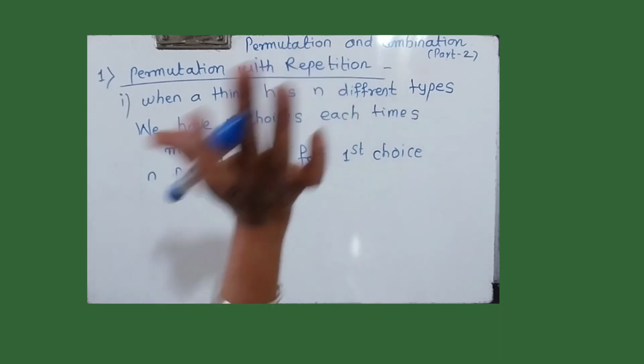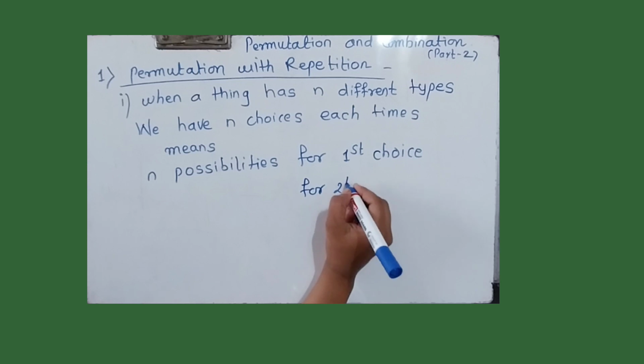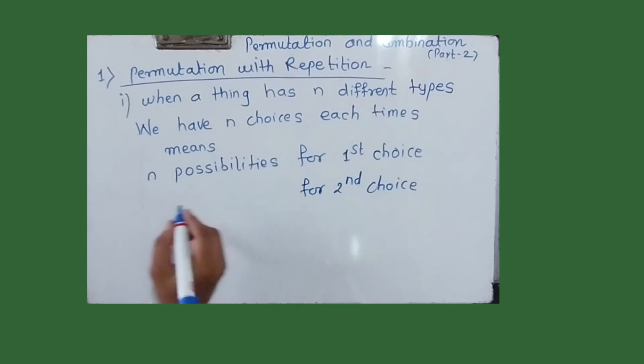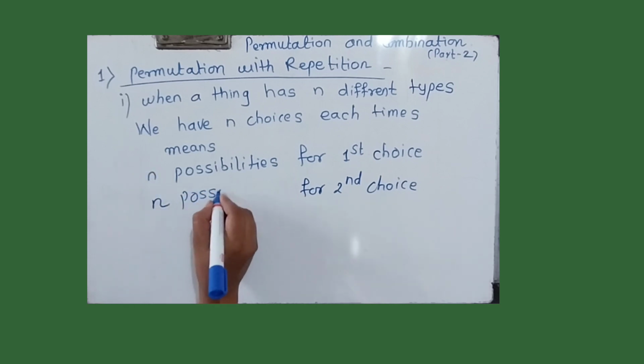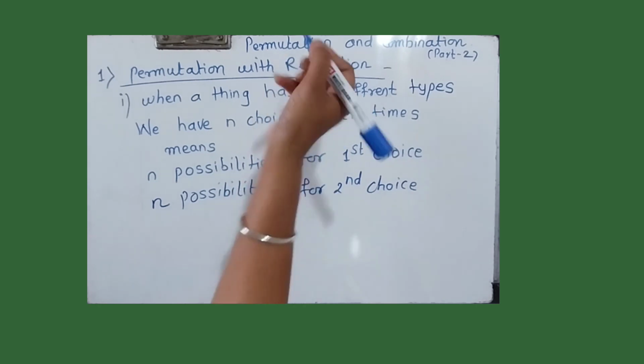Again, if repetition is allowed, for the second choice we again have n possibilities, because repetition is allowed.